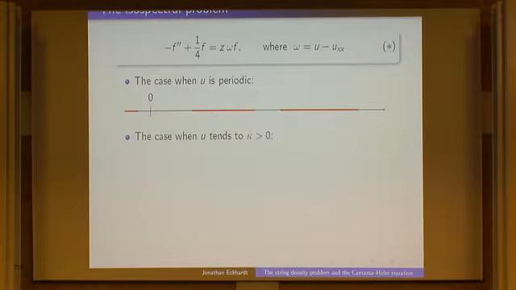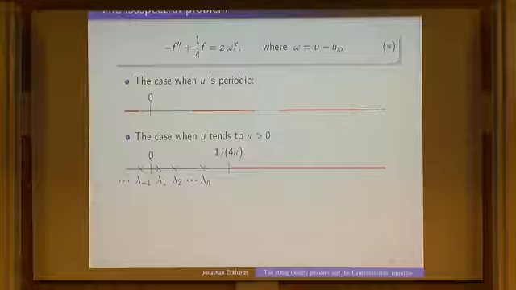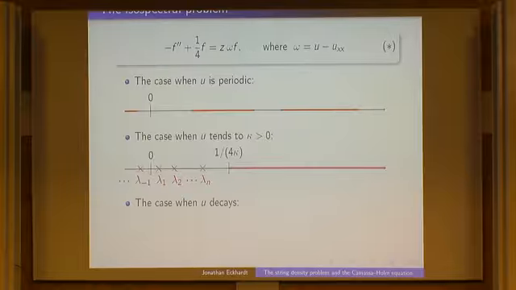And the second relevant case is when the function U tends to a finite constant. In this case, you have a kind of scattering situation where you have absolutely continuous spectrum starting from a constant, and then you've got finitely many positive eigenvalues, and if you're indefinite, you also have infinitely many negative eigenvalues. And then the third case is when U decays at infinity.